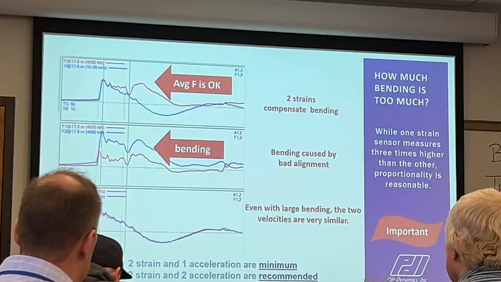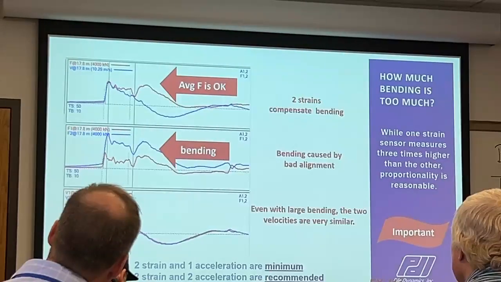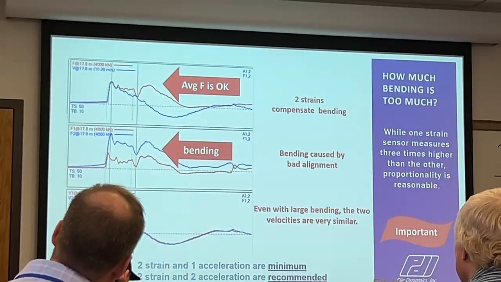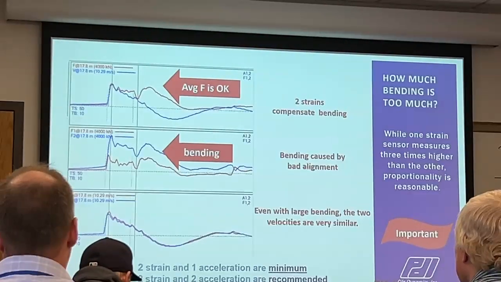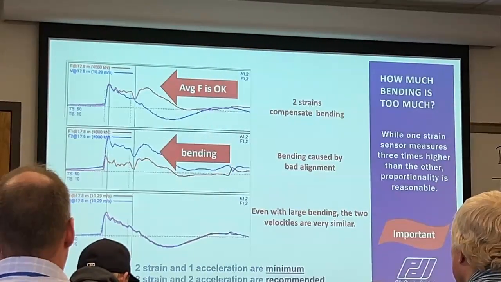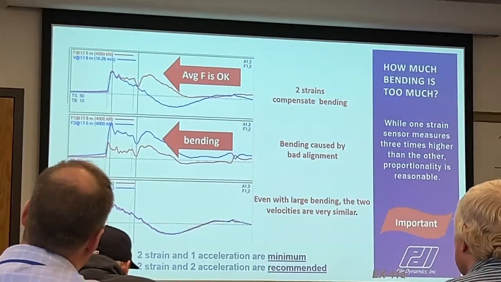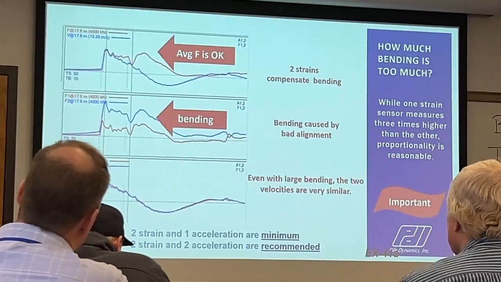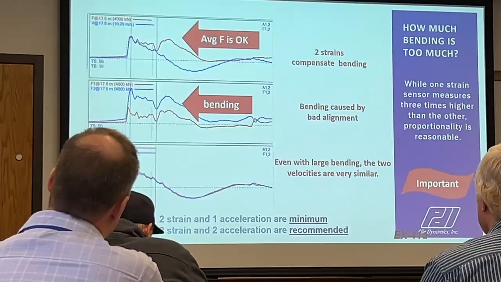Similarly, if we only had that one, it'd be down here, and our proportionality would not be so good. But by using the one-dimensional theory, which says the whole thing on average is behaving as a one-dimensional wave, we can get a reasonable proportionality with the average, even in a case where there's quite a bit of bending and quite a bit of misalignment.